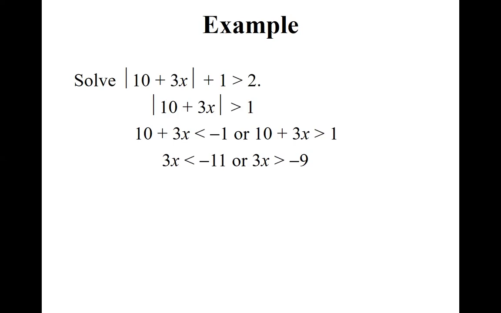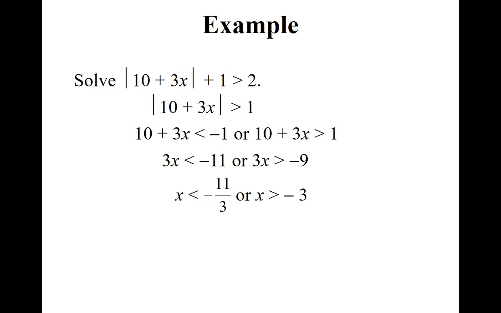It does not matter that the 11 is negative or that the 9 is negative. What matters is that we're dividing by a positive, so the sign does not switch. X is less than -11/3, or x is greater than -3. That's what we get when we divide both sides of both equations by 3.